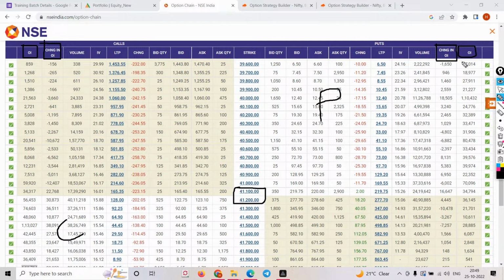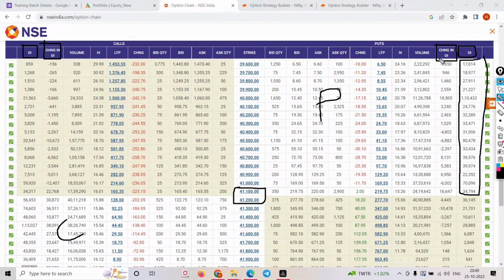What I meant to say is that this entire zone is the open interest, the open contracts for this expiry. In a nutshell, this is the outstanding open interest. And what is this change in OI?